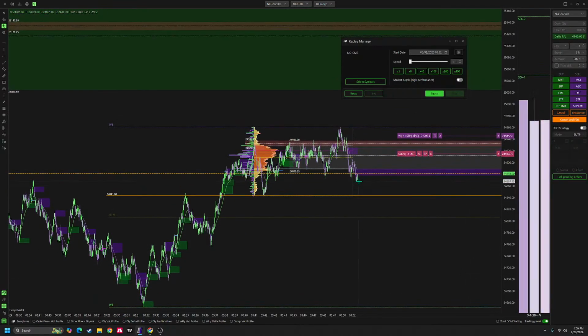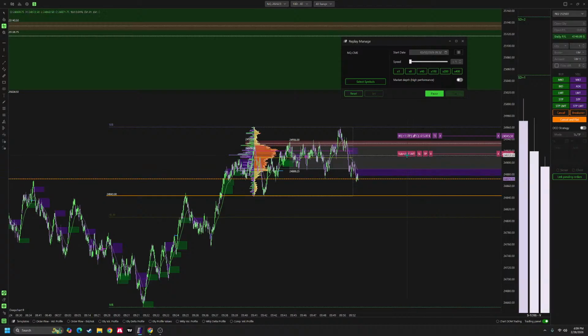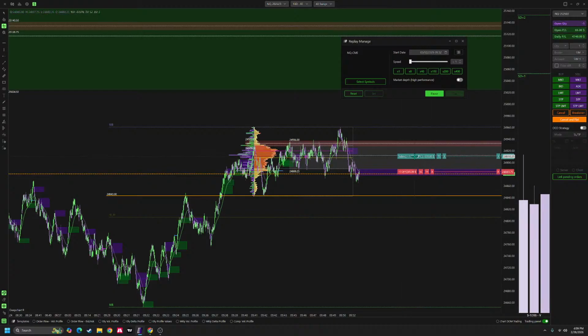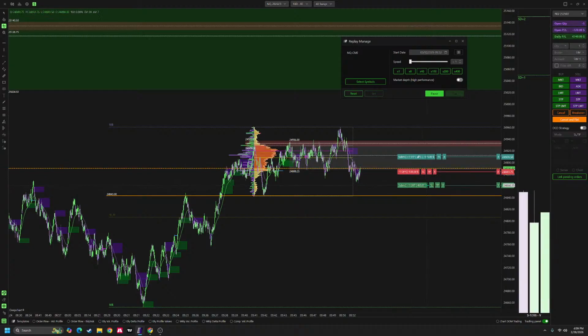Now second zone prints outside of the idiot box. Tight stop. Let's go for a 1-to-1 on this, 515 to 515.